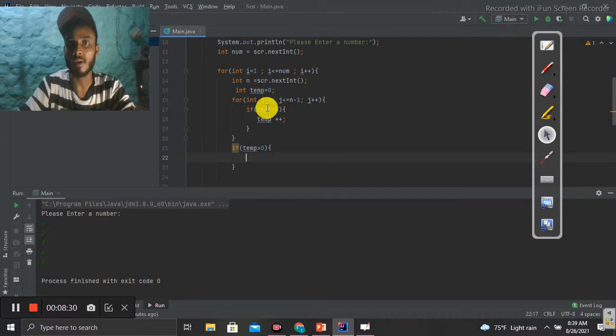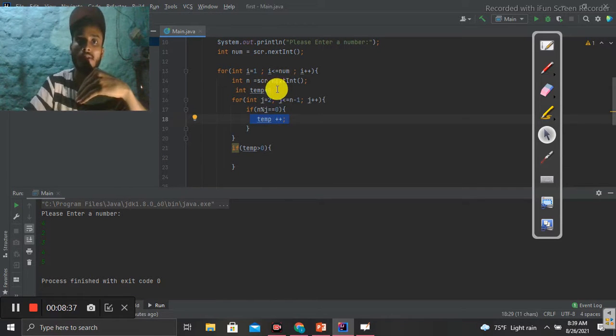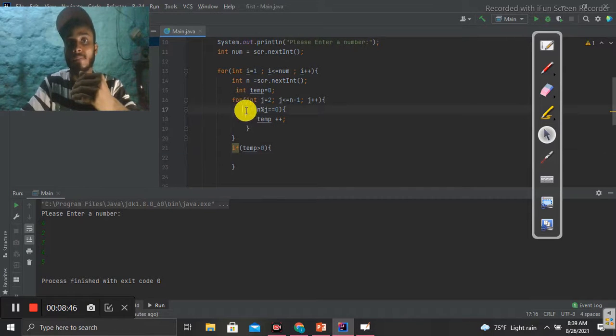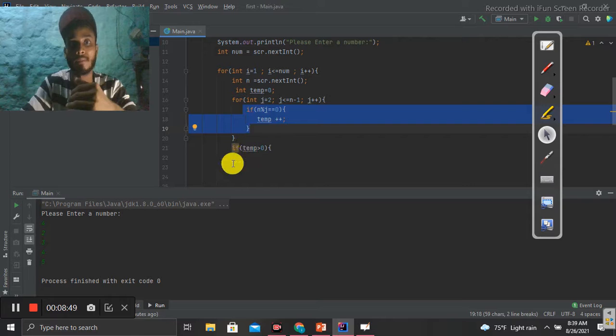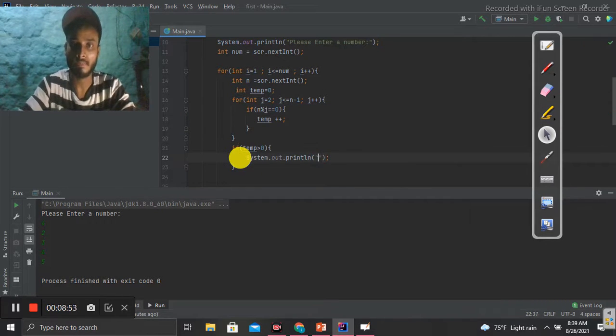If the flow comes here, then the temp value has increased from 0 to 1, which means this is not a prime number. So here print not prime number.